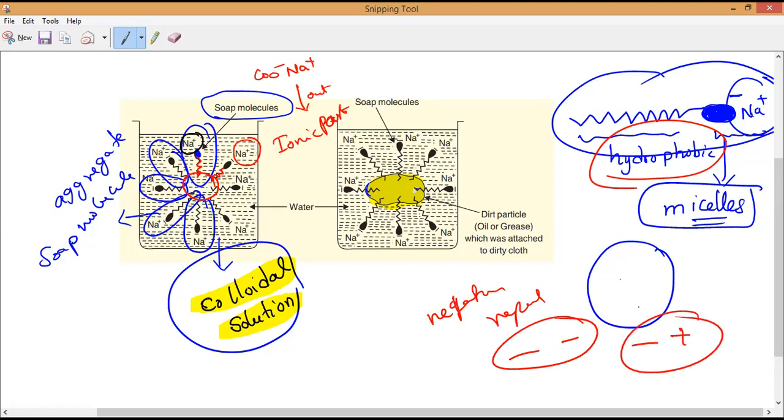Whenever a dirty cloth is put into the soap solution, observe very carefully.